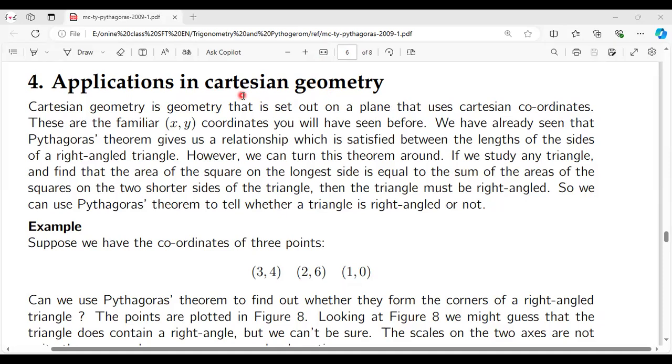Even if there are 3 axes, X, Y, and Z axis, if there's a right angle triangle, you can apply this theorem, right? If this is X axis, then the Y axis, then there's another Z axis.